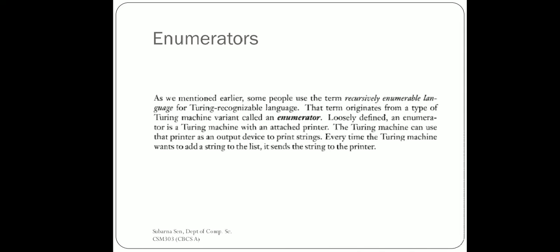What actually is an enumerator? The term enumerator originates from a type of Turing machine variant called an enumerator. We will see how it functions, and then the concept will be clearer to you, and you will know what it means when they say it is enumerating something.